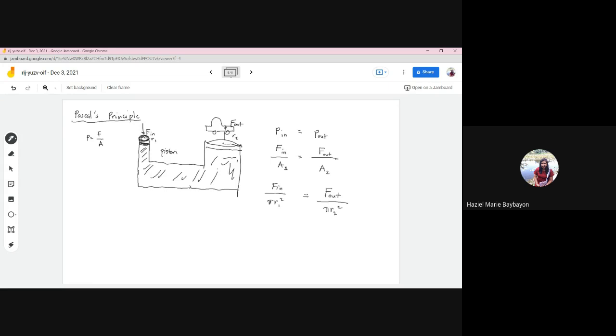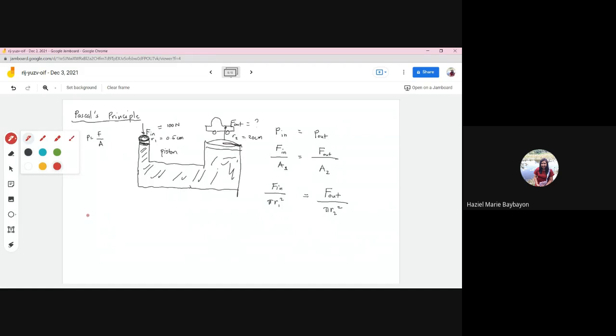For example, the input force is 100 newtons, and your r sub 1 is 0.5 cm, and r sub 2 is 20 centimeters. Now, we want to know the output force of this system, this piston.